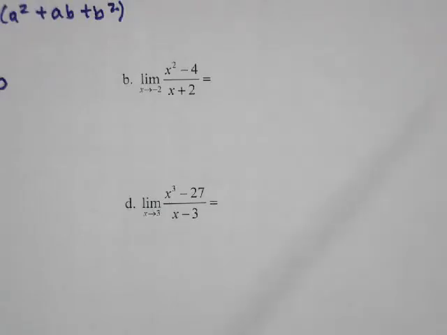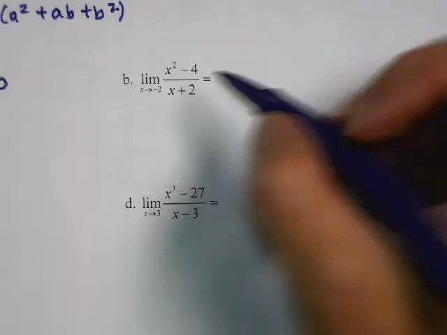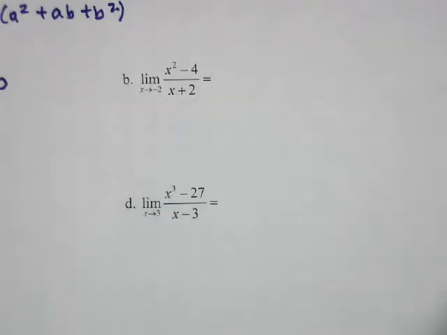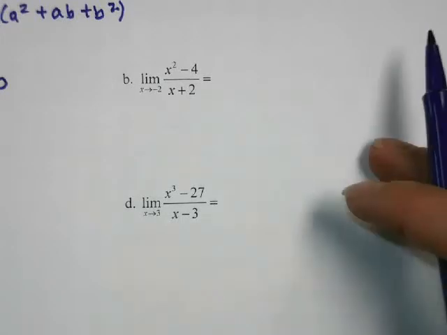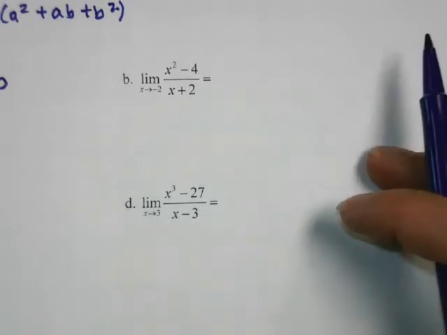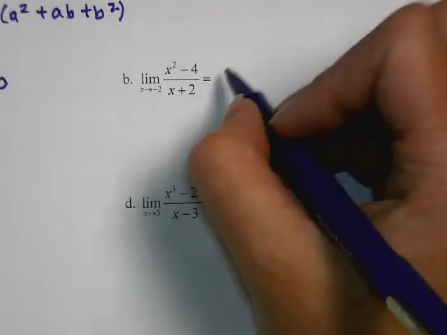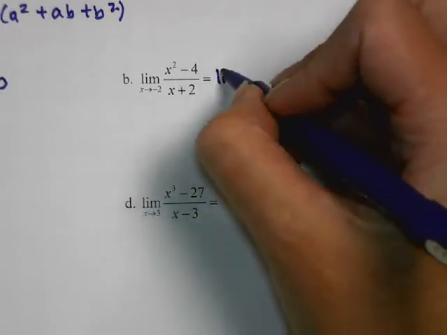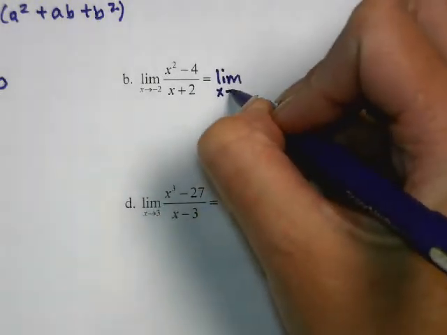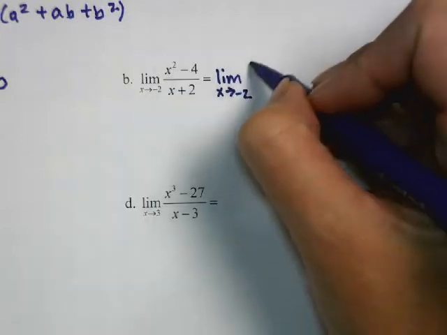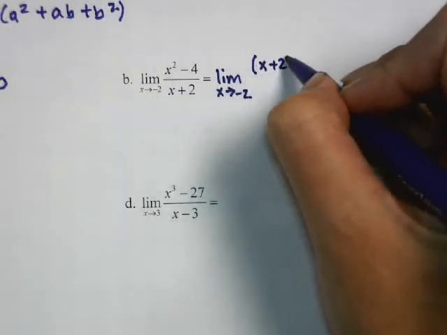But if we move to this next one over here, if I try to plug in negative 2 into that same equation, there we do have an issue because we're going to have a 0 in the denominator. That does not mean the limit is undefined. It means we have more investigation to do. That investigation involves factoring. So we're going to factor the top.